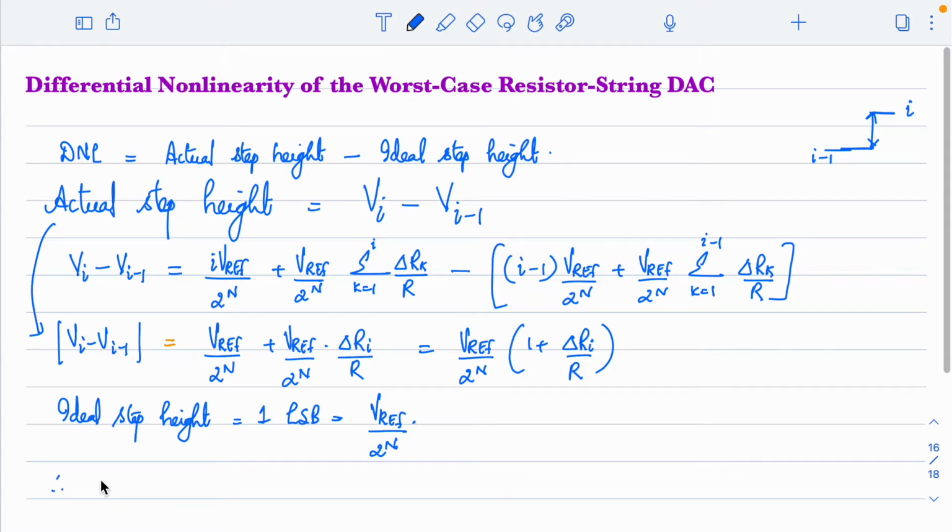So therefore I can write DNL as the first Vref divided by 2 to the power of n into 1 plus delta Ri by R minus Vref divided by 2 to the power of n. This can be written as Vref divided by 2 to the power of n into delta Ri divided by R.